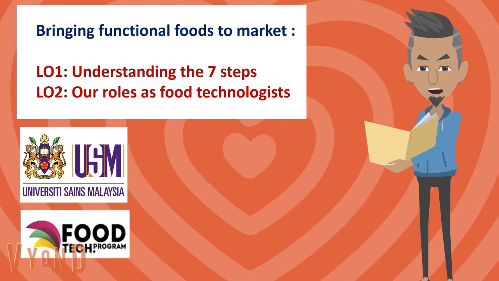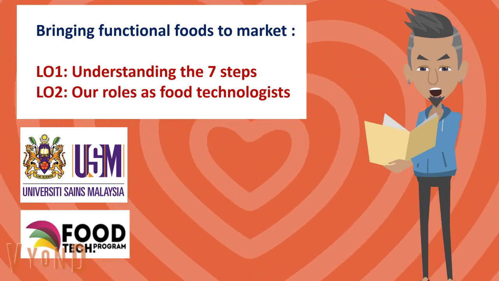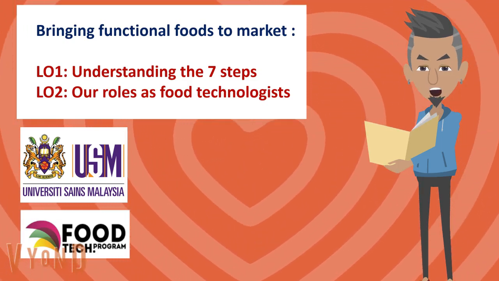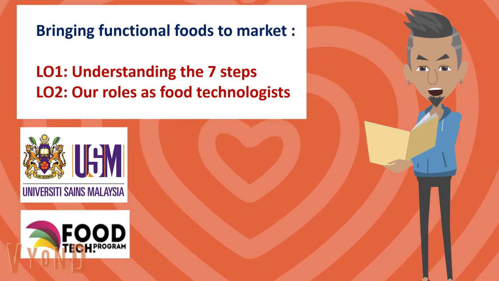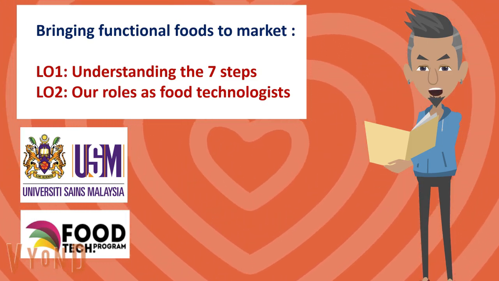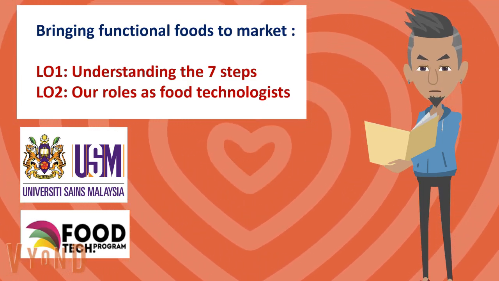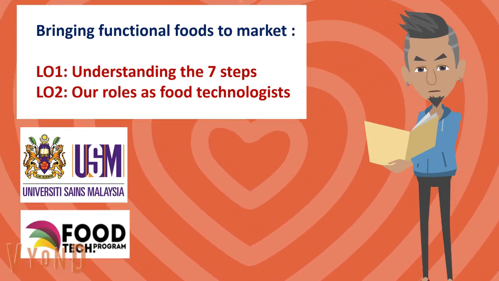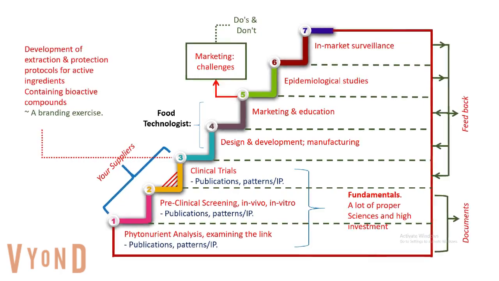So, this particular part of the lecture series is about understanding these 7 steps. The second learning outcome is understanding our roles as food technologists and how we fit in these 7 steps. In a sense, there are 7 steps.